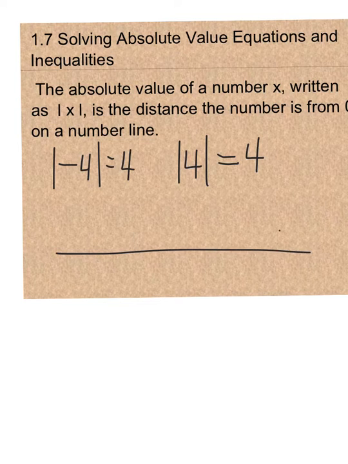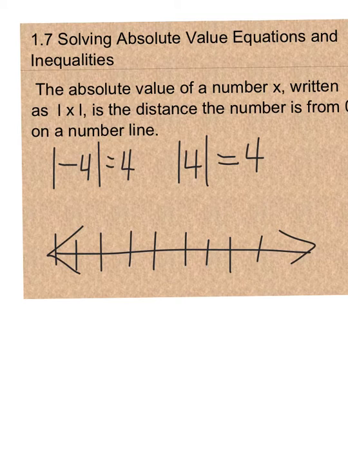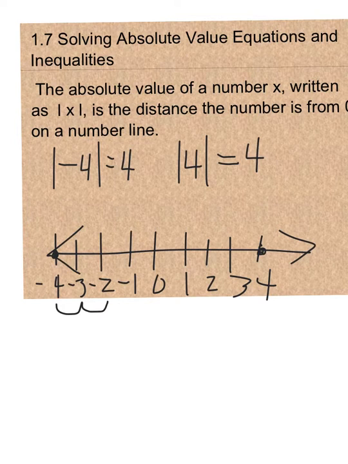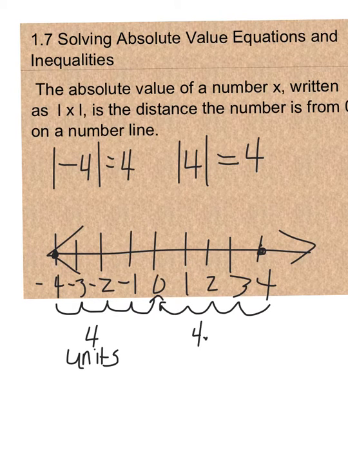So if I looked at a number line, and I look at the number -4, and I look at the number +4, the absolute value of -4 is +4, which is 4 units from the number 0 on the number line. And the absolute value of +4 is 4, which is also 4 units to the number 0 on the number line.